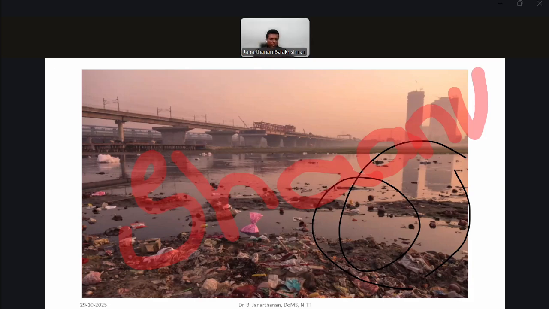Pollution can be seen from an ecological angle. Pollution can be seen from a human angle. Pollution can be seen from a life angle, and each and every angle diverges into different theories. When you see pollution from an ecological angle, we can use the theories of ecological economics.